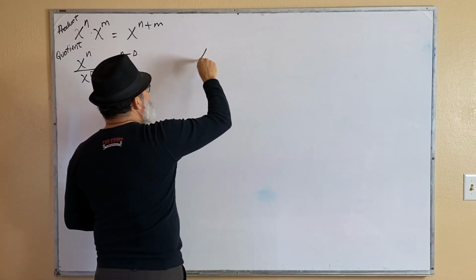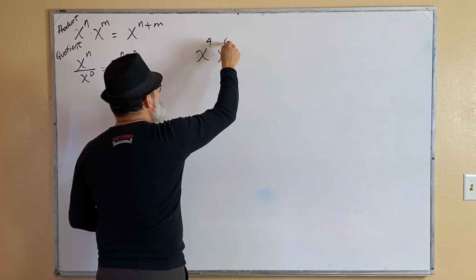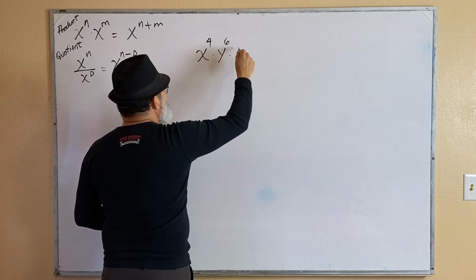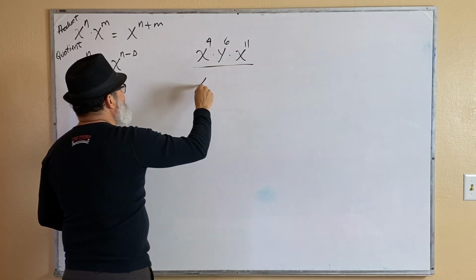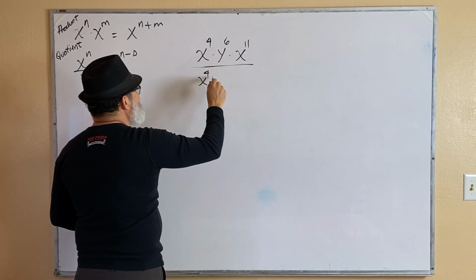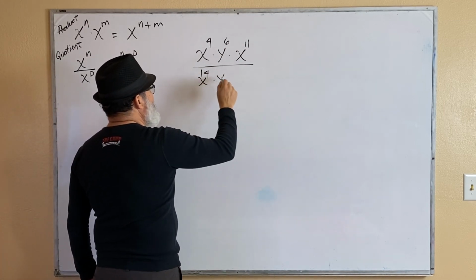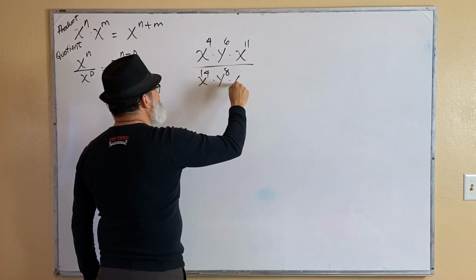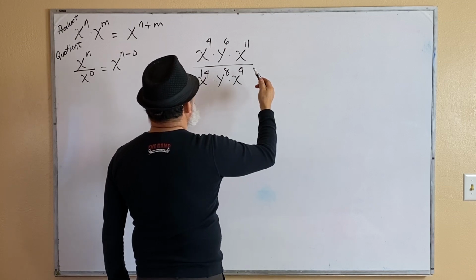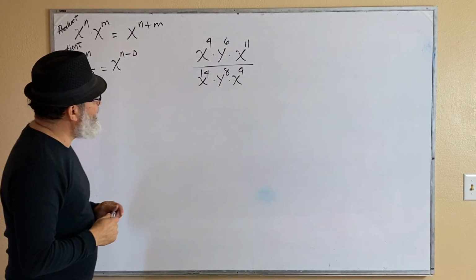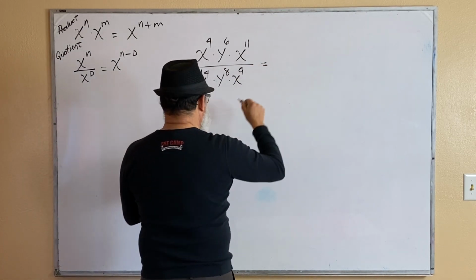If we have x to the 4th times y to the 6th times x to the 11th divided by x to the 14th times y to the 8th times x to the 9th. Okay, I think that's enough.